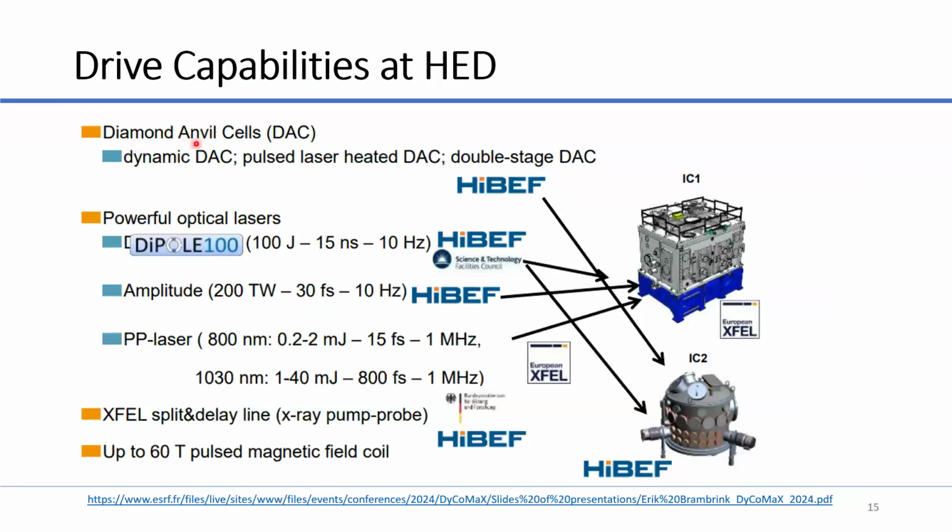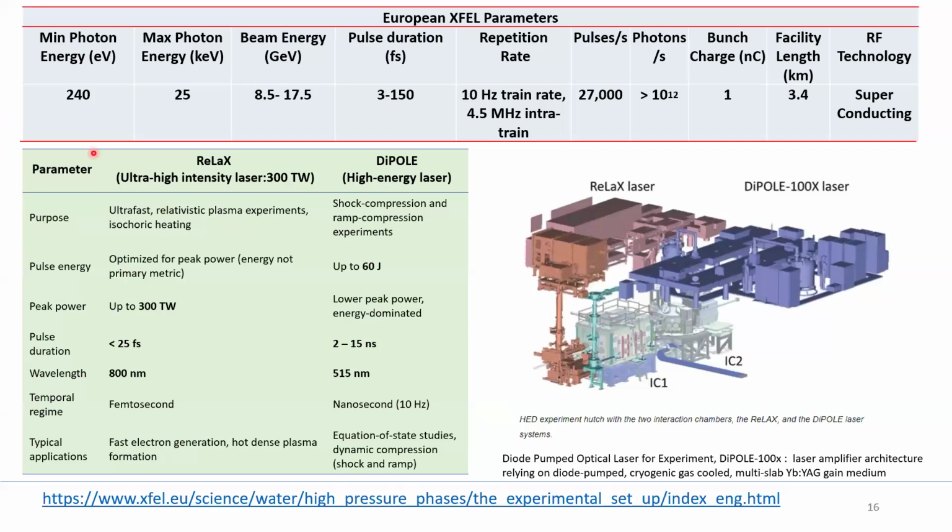As I said, the diamond anvil cells are basically used for studying inertial confinement fusion, and DiPOLE lasers are used for heating the samples. And coming to the parameters, we can see that this is a long pulse laser, and this is short pulse, and the temporal regime is given.